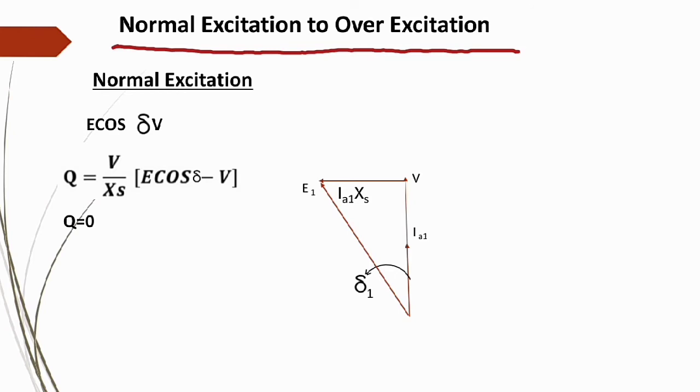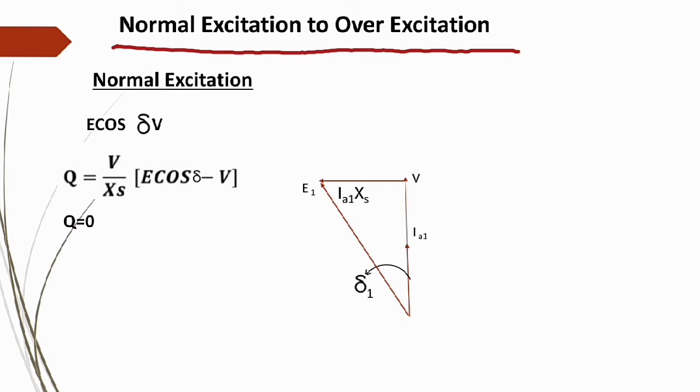We consider the field winding, connected with a rheostat. When we change the resistance, we control the DC field current, and through the field current we control the excitation. So in this case the excitation will increase.